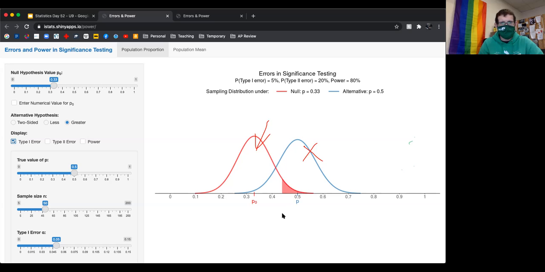So according to the null hypothesis, we think it really does line up at 0.33. If we pick a random group of individuals, we might get any kind of sample results, and sometimes just by random chance, we're going to fall in this range right here, which is the error of rejecting the null hypothesis even though it's true.